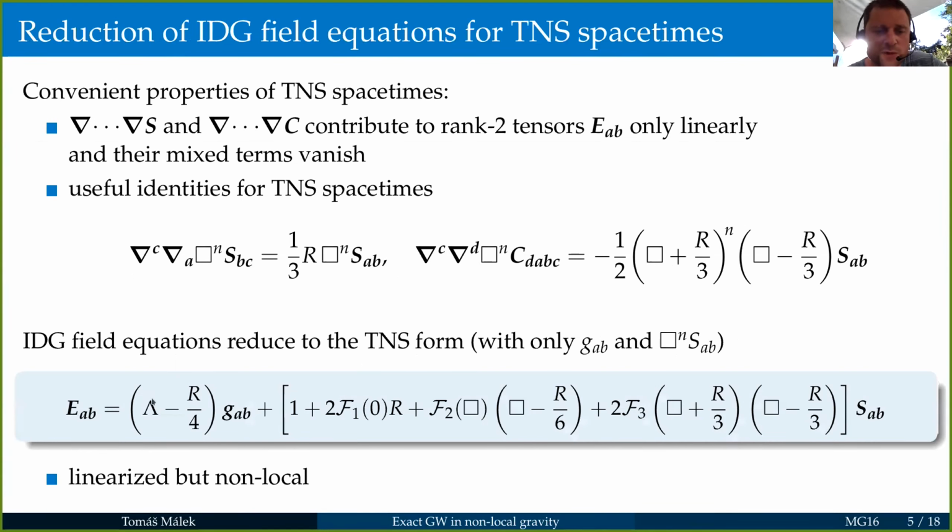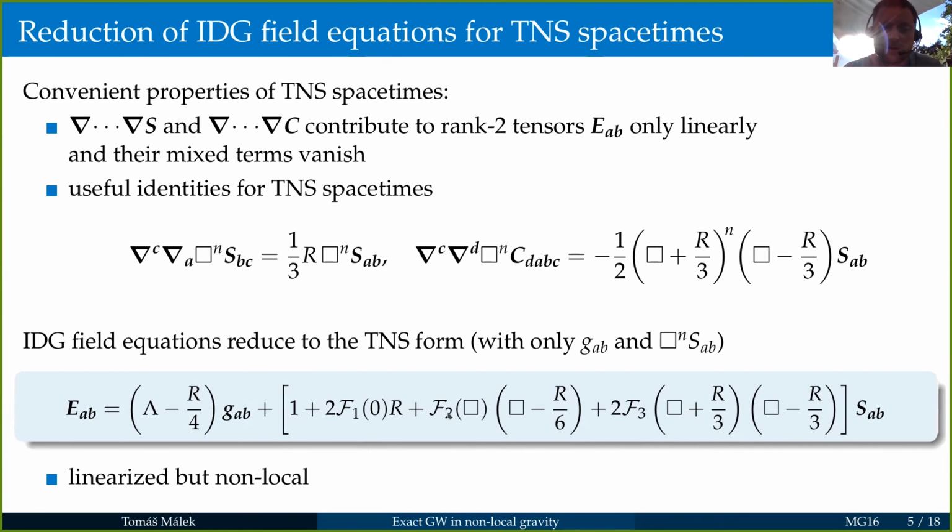So there is a trace part, and this is the traceless part. So the field equations are now linearized in the sense that the curvature appears just linearly there, but they are still non-local. So this is a nice property.